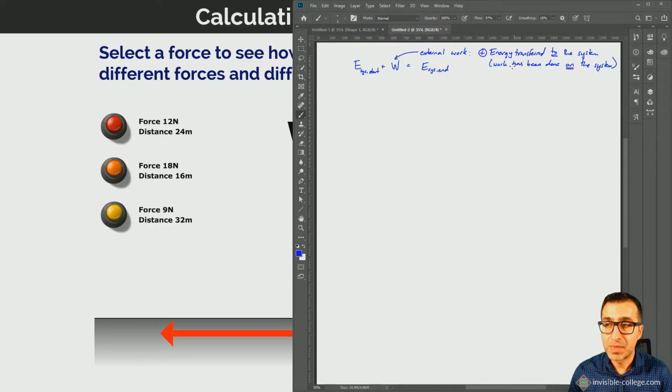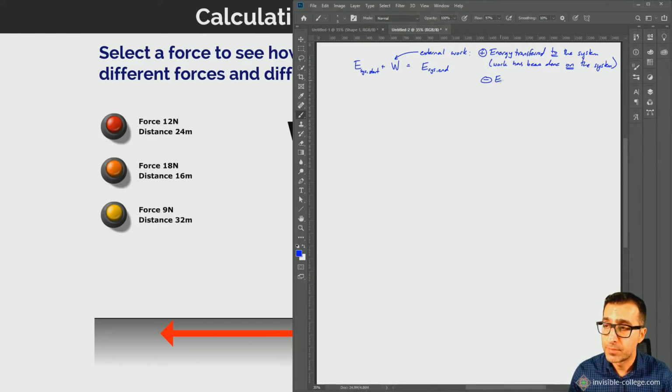So you'll see this language being used. Work done on a system means energy transferred into that system by means of external forces or external phenomena. But external work can also be negative, as we saw in that last example. So if the external work is negative, energy has been transferred from the system to some other system or to the outside.